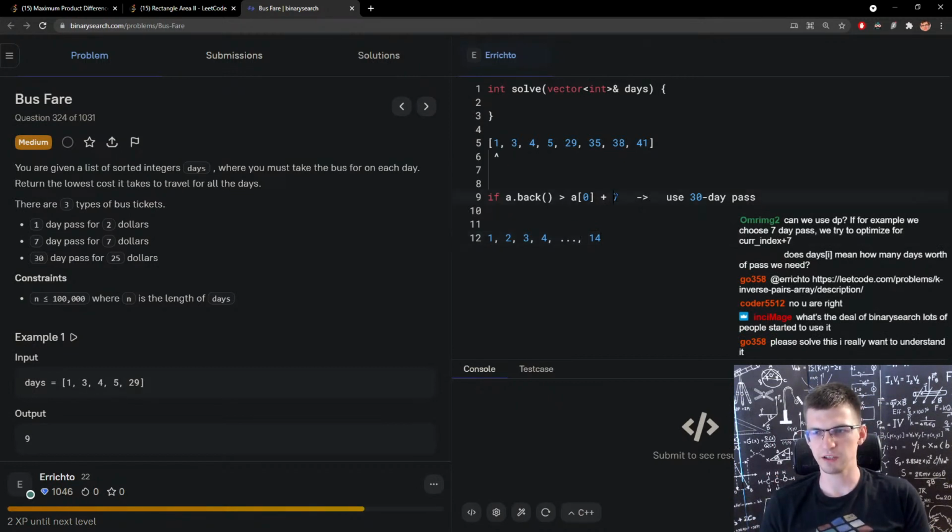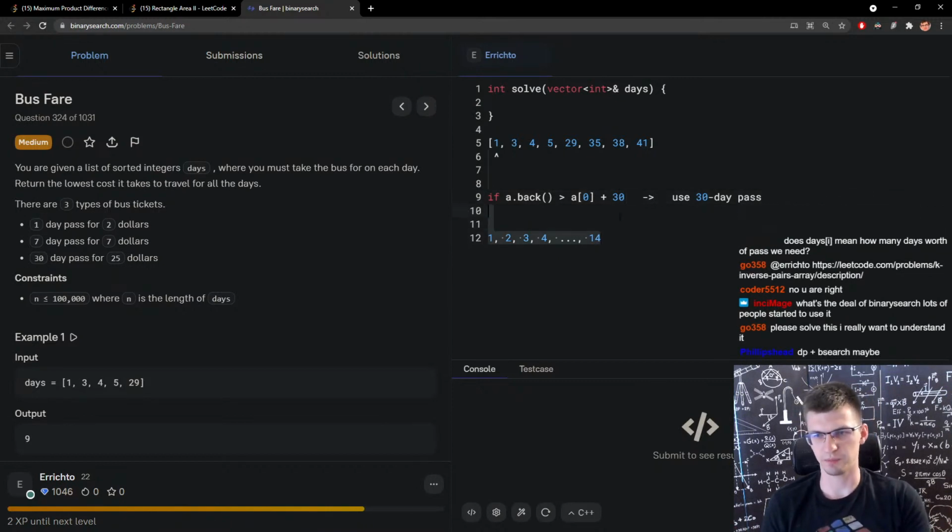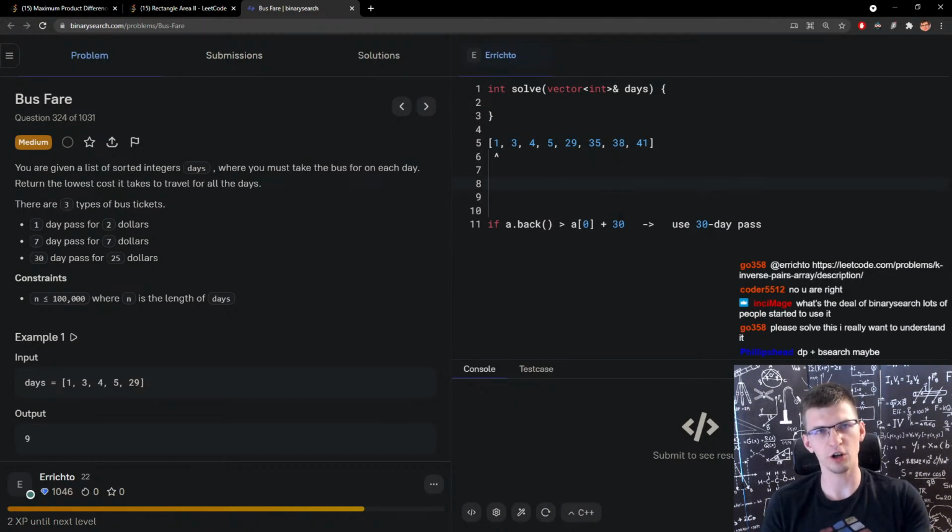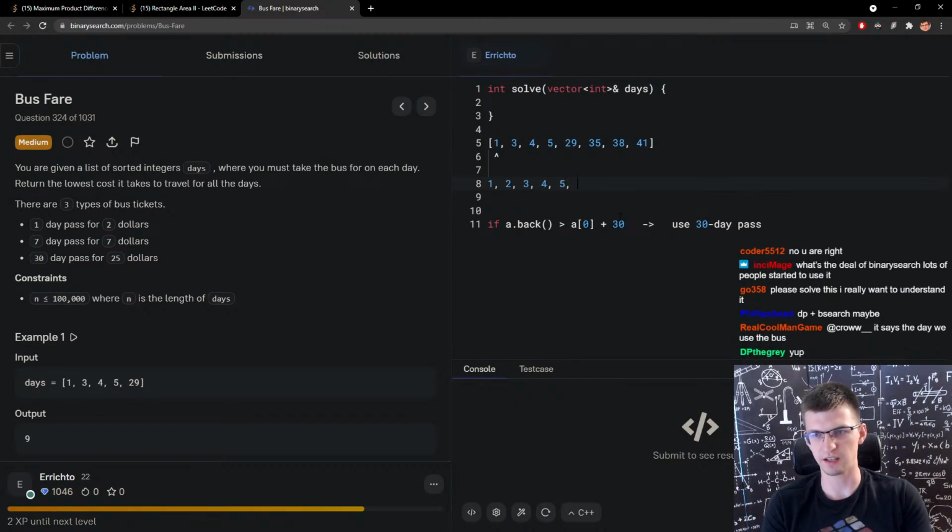But even if we do this logic, even if we have at least 30 days, it will not work. And the counterexample is if not all days are used. So consider something like that. Let's say 7, 8, and then maybe 24, 25.